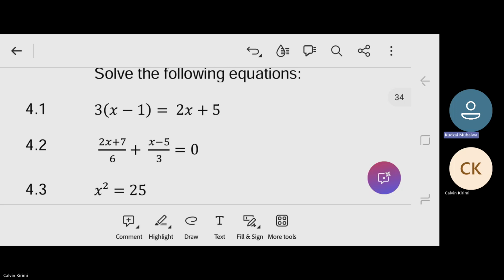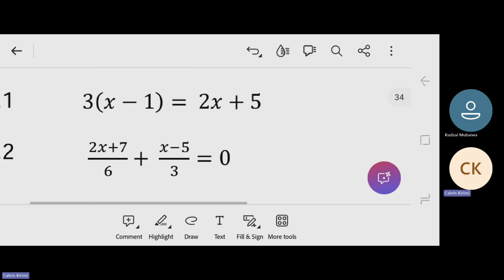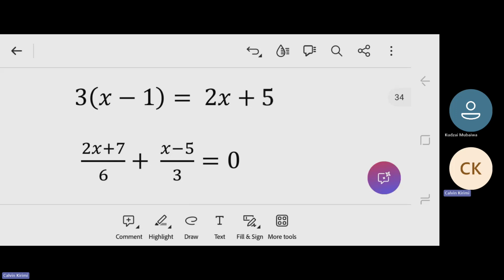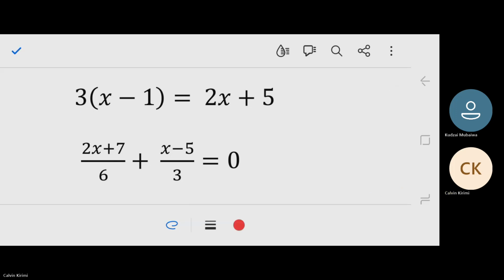Sir, I'm done. What is the value of x? Is x equal to 5? All right, let's verify. x is equal to 5. So we expand our bracket. You got x equals 5, isn't it? Yes, sir.